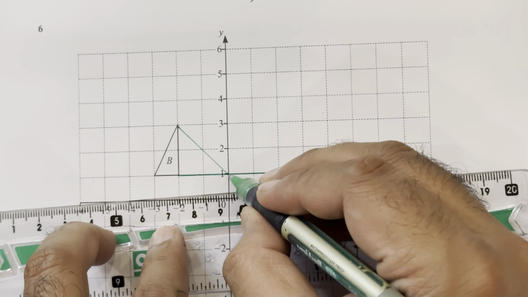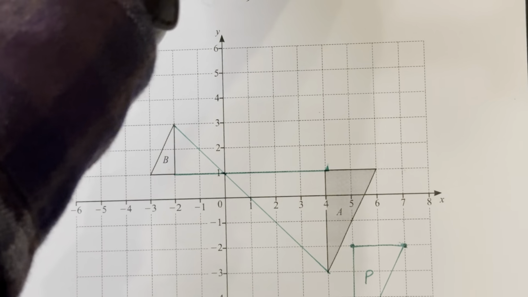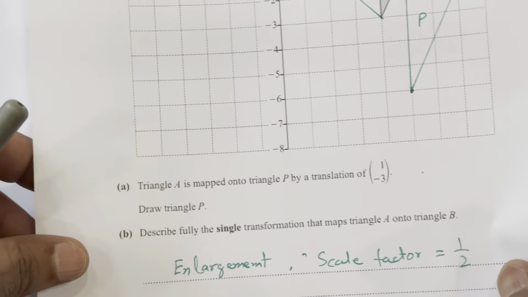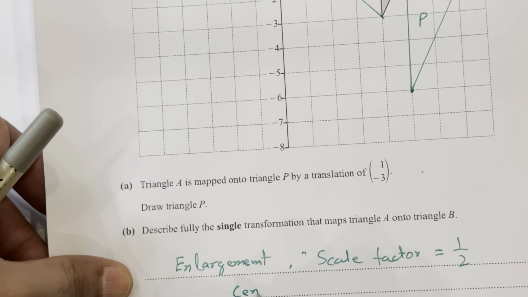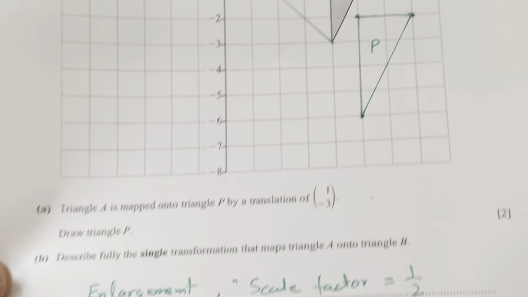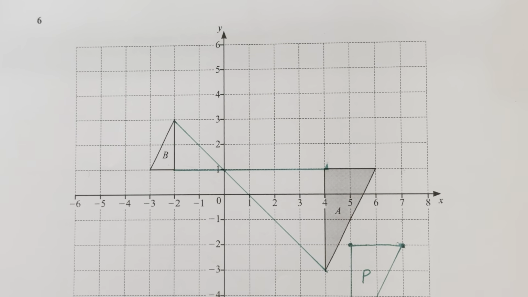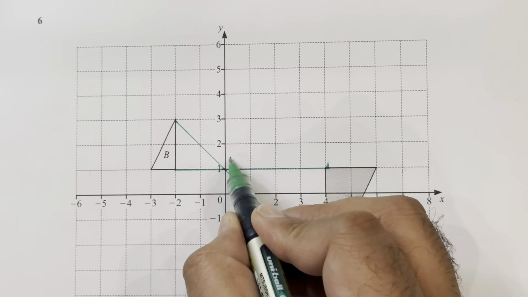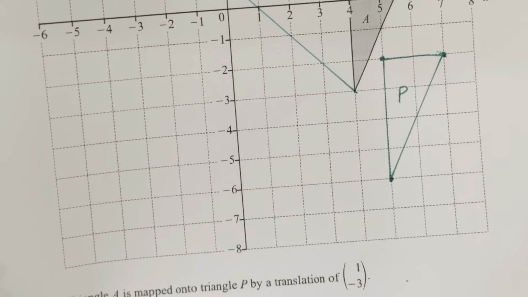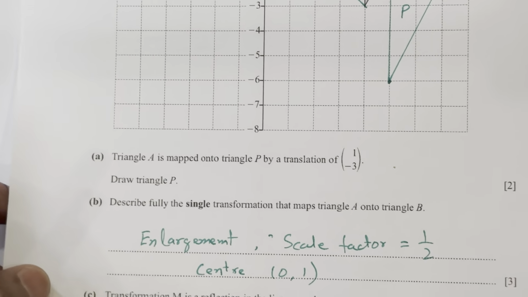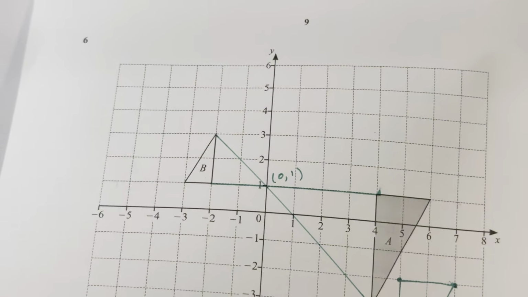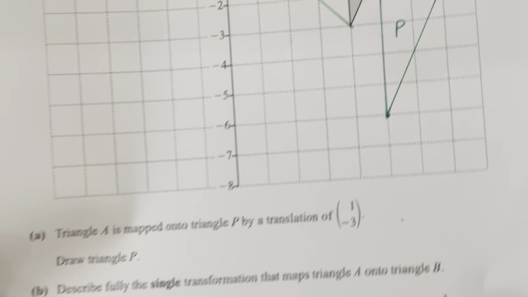So this is our center, that is (0, 1). You can see that this has a coordinate of (0, 1), so you can write it over here as well. So this was a simple 3-mark question: 1 mark for enlargement, 1 mark for identifying the scale factor, and 1 mark for correctly calculating the center.